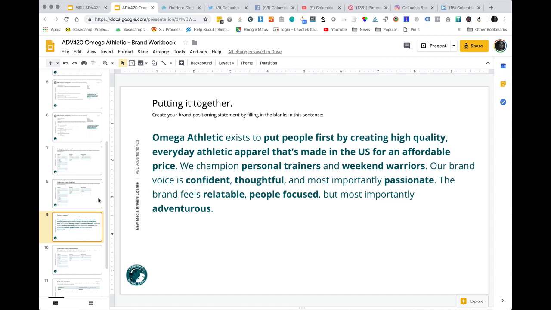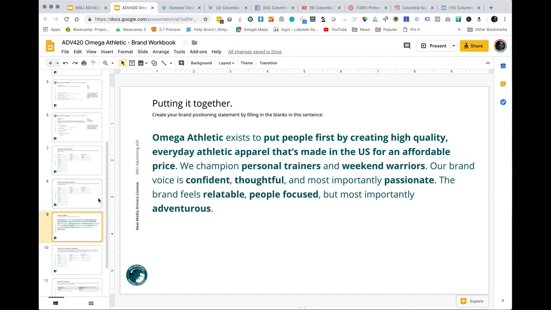So you'll notice in the workbook, there is a Mad Libs exercise that you can punch in the pieces that you've gotten this far with, and you'll probably have to do a little bit of wordsmithing just to make sure that it reads correctly, depending on what your mission statement is and the names of your personas. But it gives you a really good sense of who this brand is when you finish this.